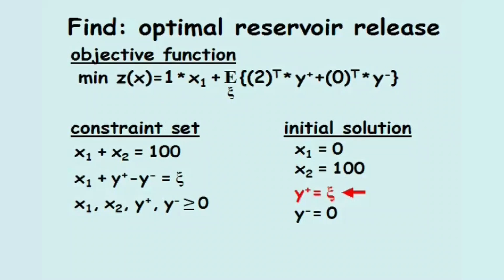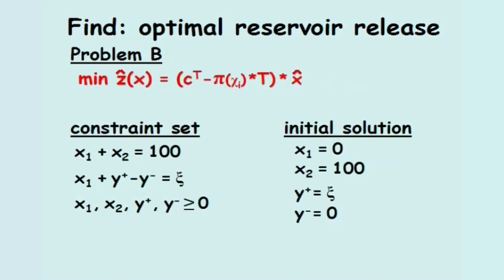In order to know the direction and magnitude to adjust our current reservoir release value, X1, we'll formulate a problem B, which is to minimize (c transpose minus pi(chi(x)) times T) all multiplied by x hat, where the same constraints from the initial objective function also apply to problem B for x hat.